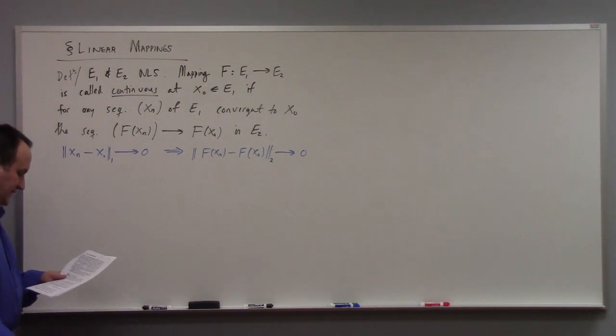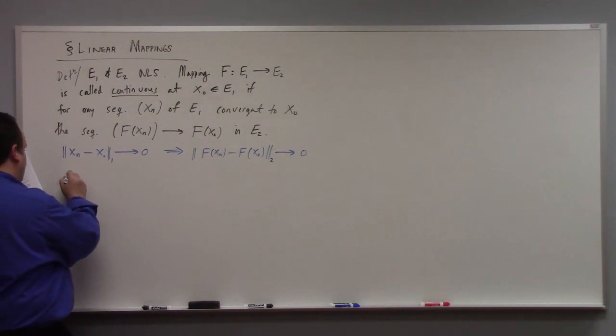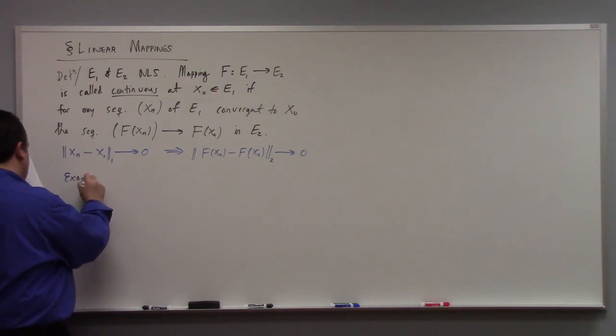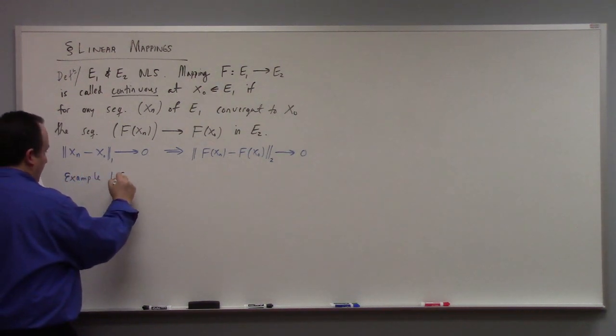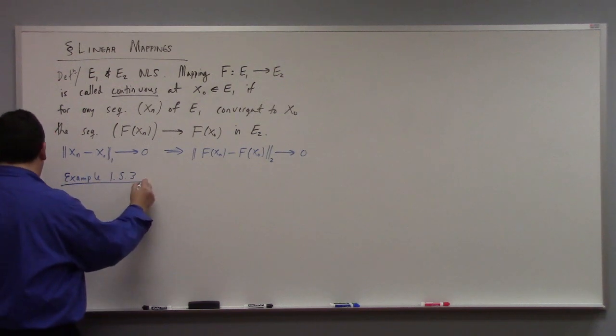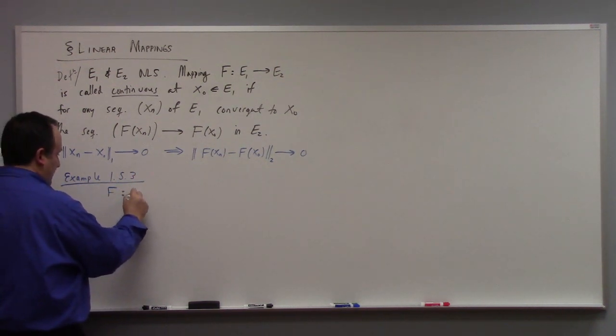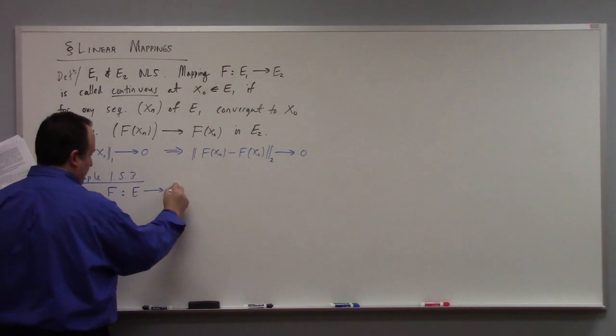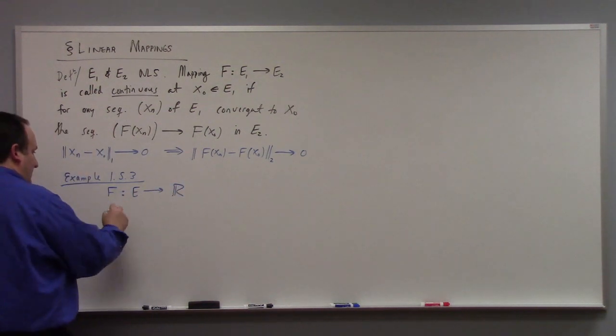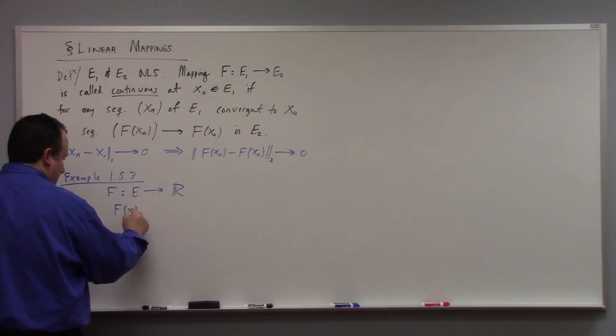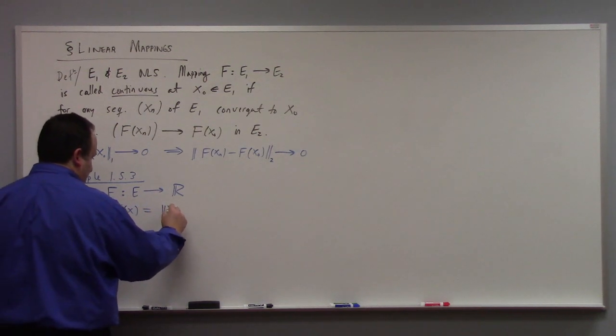Okay. So a nice example he has, example 1.5.3, is he looks at f, a mapping from, let's say, E to the reals, where your mapping is f of x equal to the norm of x.